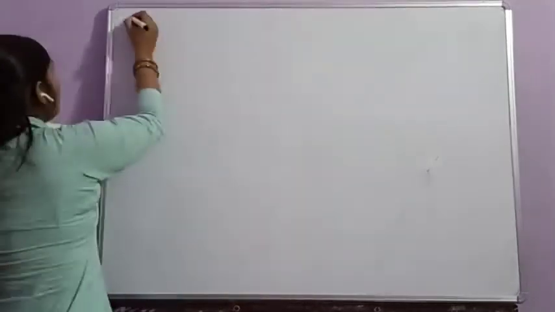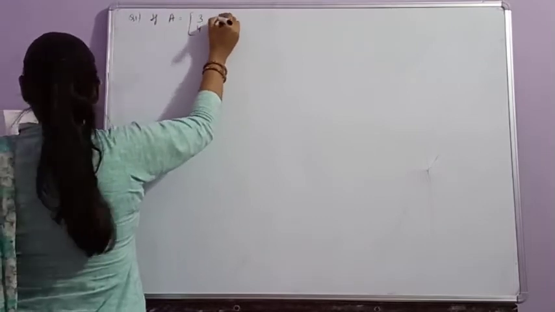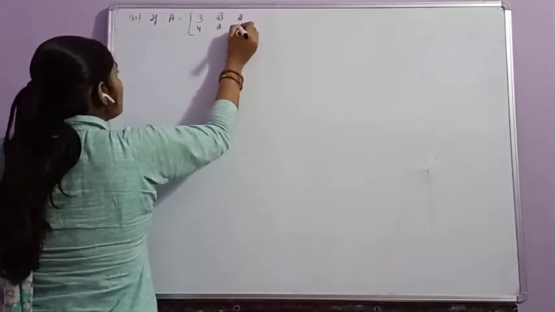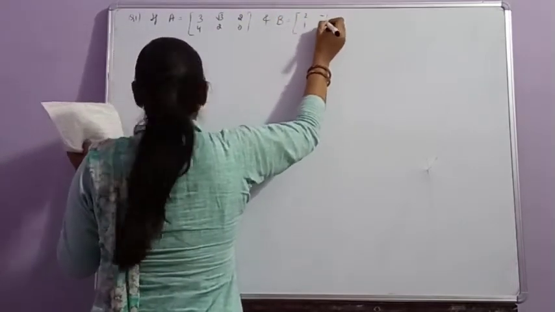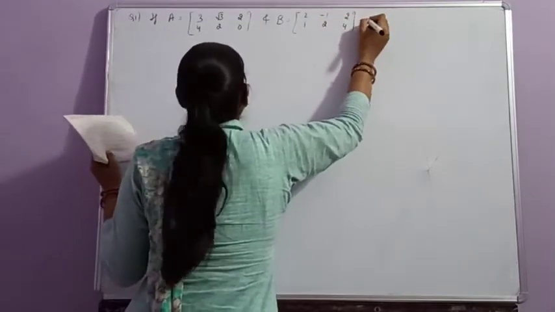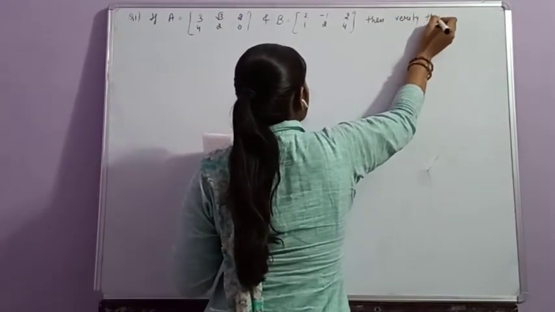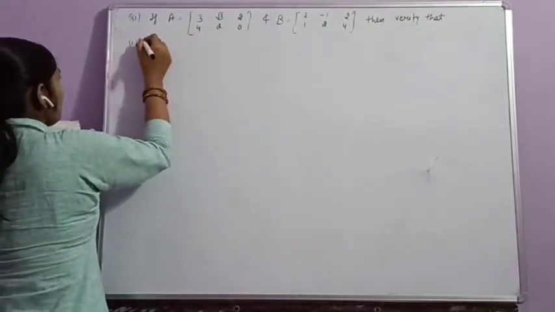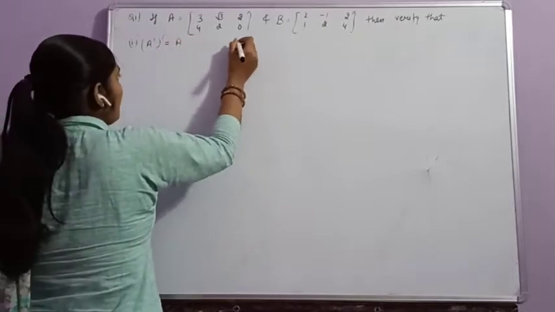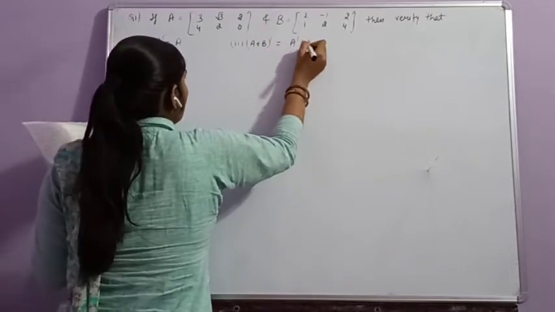First question is, if A is equal to [3, 4, root 3; 2, 2, 0] and B is equal to [2, 1, -1; 2, 2, 4], then verify that first part is transpose of A transpose is equal to A. Second property, A plus B whole transpose is equal to A transpose plus B transpose.